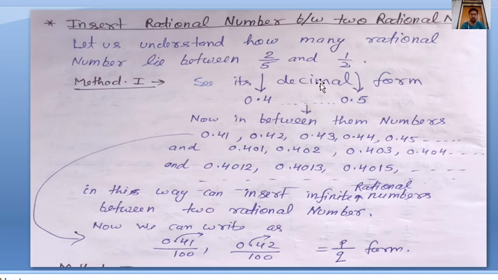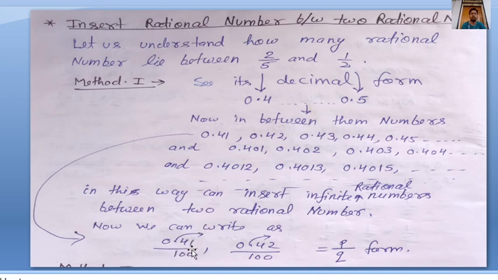Okay. Now, one question may arise in your mind. Sir, these are decimal numbers, are they rational numbers? They are also rational numbers. See why? Because we can write 0.41 by removing the decimal and writing 100 in the denominator.